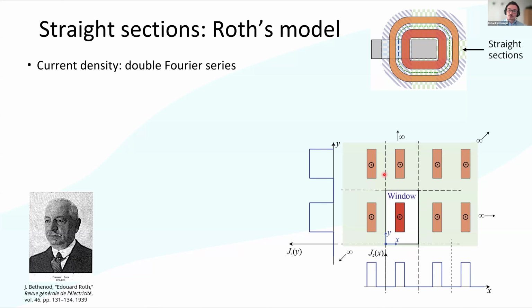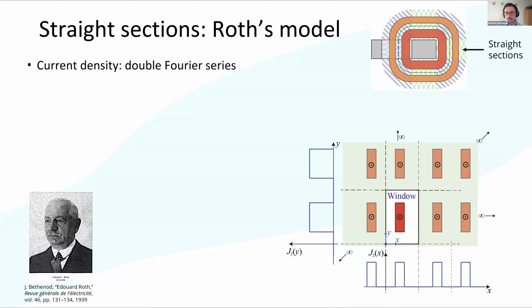When you assume infinite core permeability, you get the same magnitude of mirror image currents as the original currents. And when you check the current density distribution in space, you find that it is actually a two-dimensional rectangular signal in space.